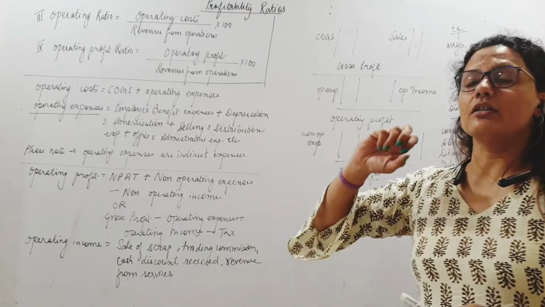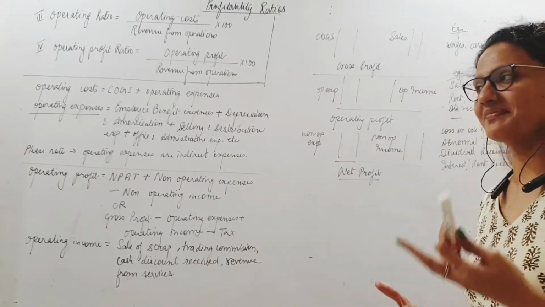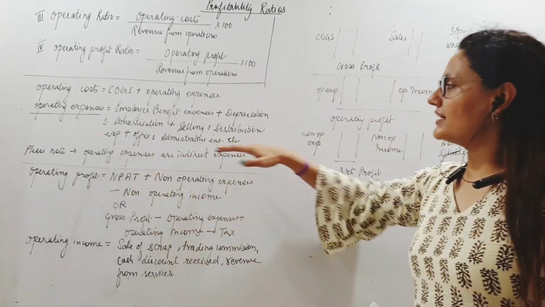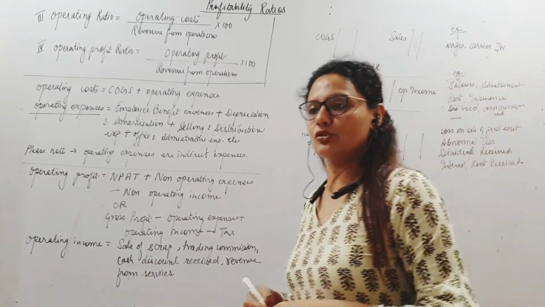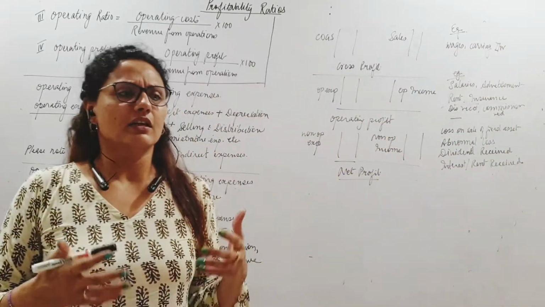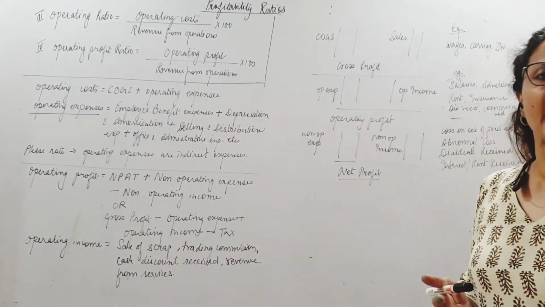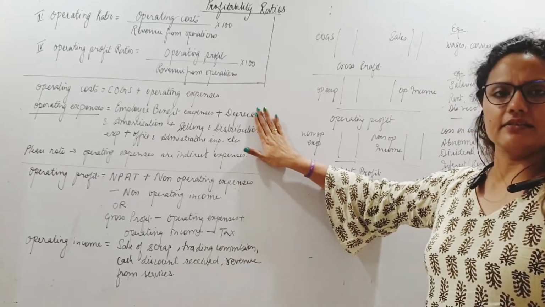Then distribution of goods, like transportation of goods, you paid carriage outward, and then office and administrative expenses. Okay, because you need an office to run the show, correct? Rent paid, or all those electricity, all those bills, the regular taxes that you are paying. All these will be operating expenses.